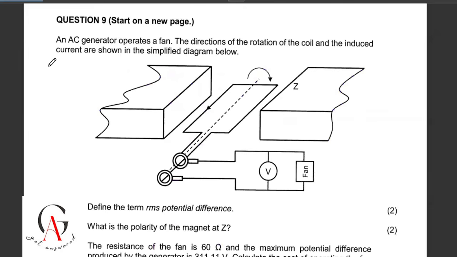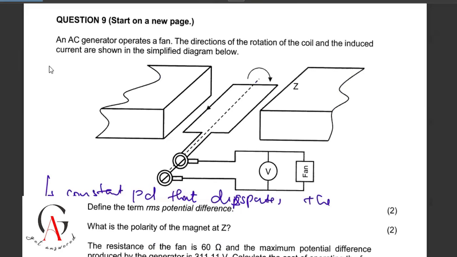All right, question number 9, define the term RMS potential difference. So we know that this is the constant potential difference that dissipates just the same average power in a resistor as an AC potential difference.